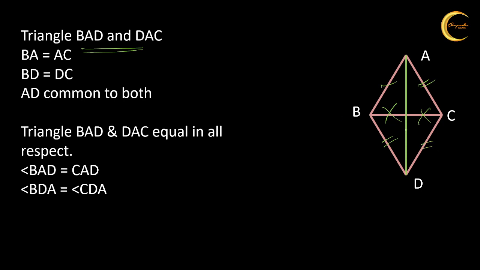And this AD line is common to both triangles. So you can say these two triangles ABD and ACD are equal in all respects. So angle BAD equals angle CAD, and angle BDA equals angle CDA.